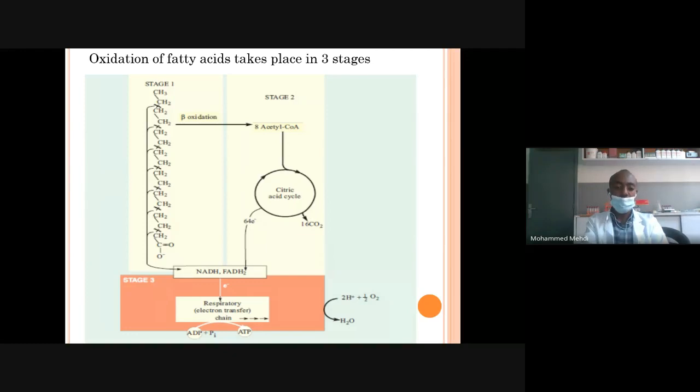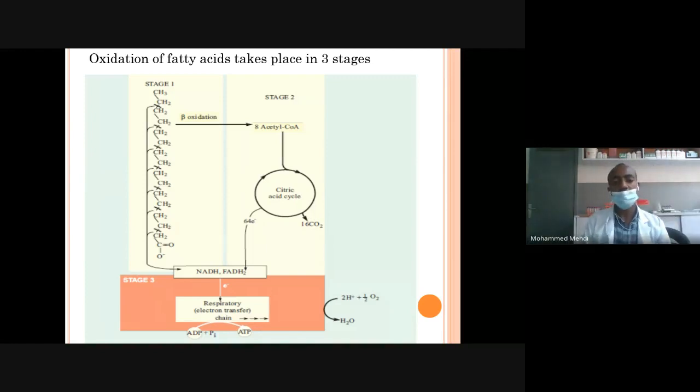Yesterday, you learned this part, the electron transport chain. Before that, you learned the Krebs cycle or TCA cycle during carbohydrate metabolism. Today, we will discuss how fatty acid is chopped or cleaved by 2 carbons.